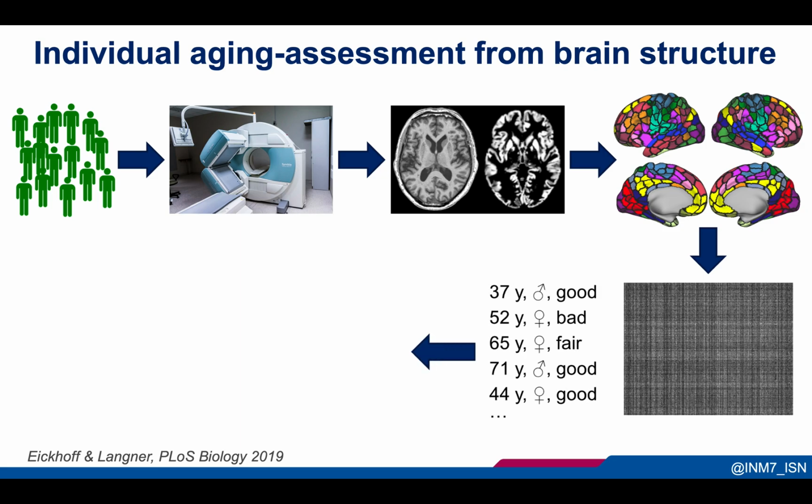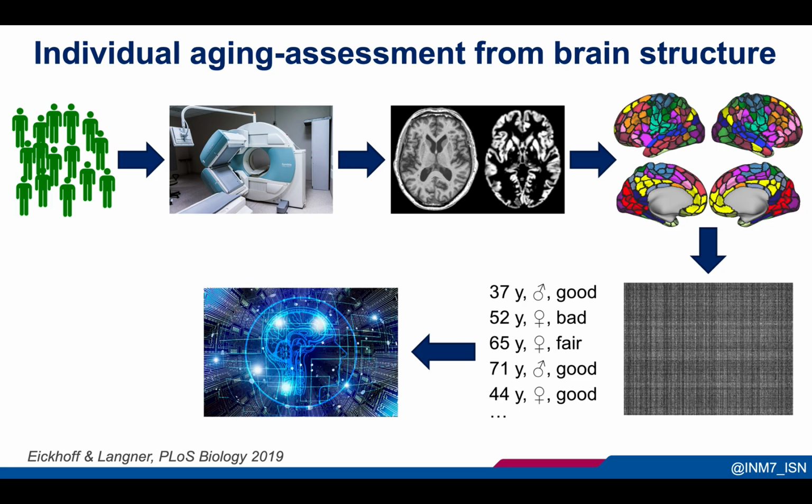If we have this feature matrix and our associated target variable, the phenotypes, we can then actually train a model to learn the relationships between the low-rank feature space and the behavioral target, which we can then evaluate on new, previously unseen subjects.